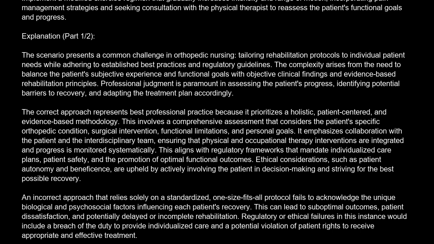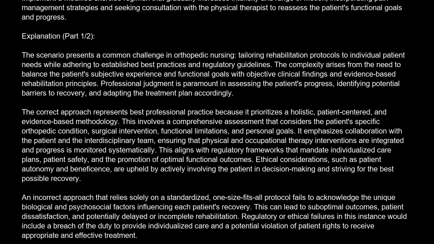The complexity arises from the need to balance the patient's subjective experience and functional goals with objective clinical findings and evidence-based rehabilitation principles. Professional judgment is paramount in assessing the patient's progress, identifying potential barriers to recovery, and adapting the treatment plan accordingly. The correct approach represents best professional practice because it prioritizes a holistic, patient-centered, and evidence-based methodology. This involves a comprehensive assessment that considers the patient's specific orthopedic condition, surgical intervention, functional limitations, and personal goals.